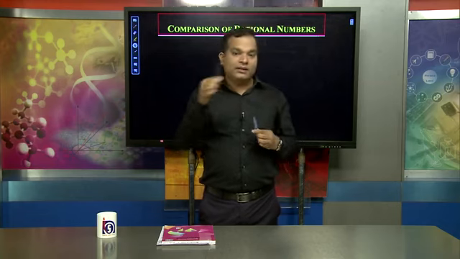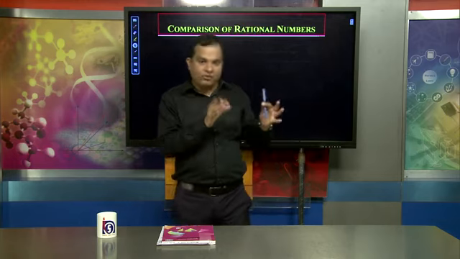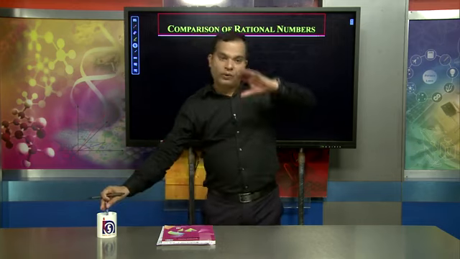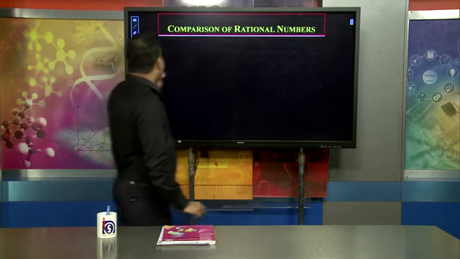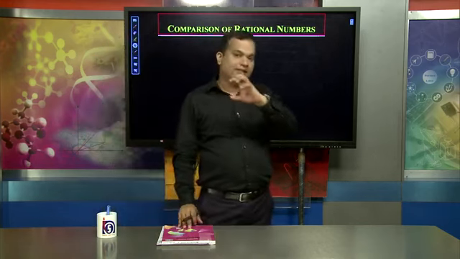In what condition, in what situation, in what criteria can we say this rational number is greater, this rational number is lower? So for this purpose, very important, when we are going to compare, we have to check case 1, case 2.